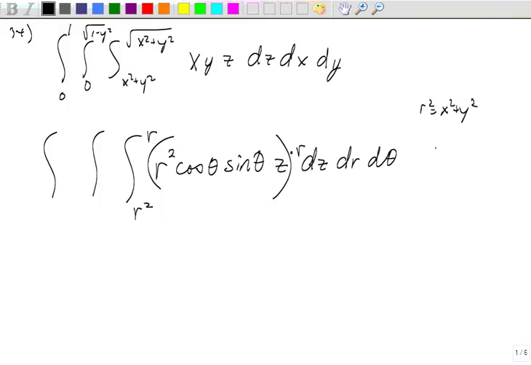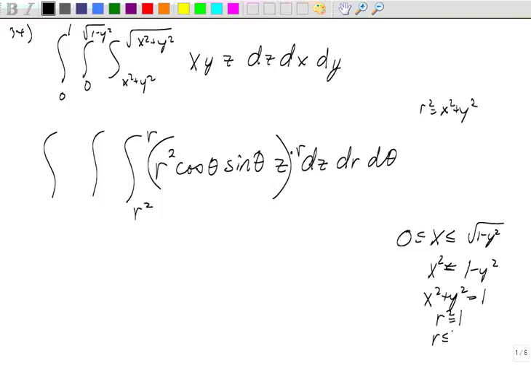Okay, since we have, let's see, x is between square root of 1 minus y squared and 0. So x squared, let's just say equals. So that's a circle. So r is between 1 and 0. Okay, because x is positive, so 0 to 1.